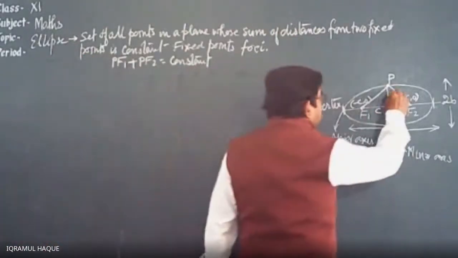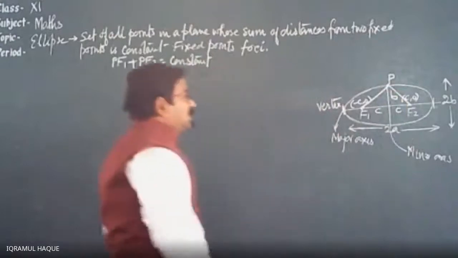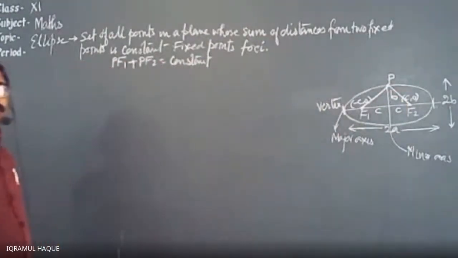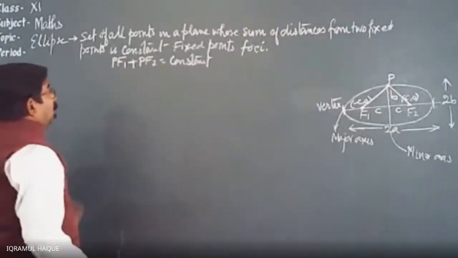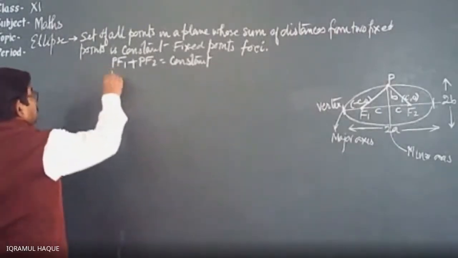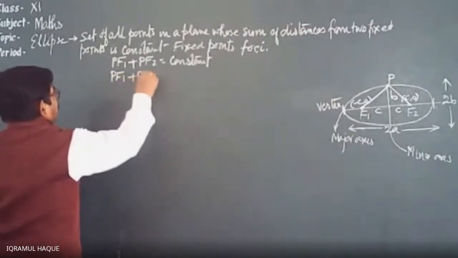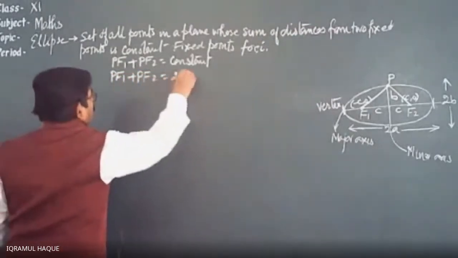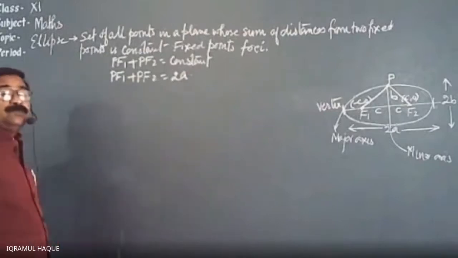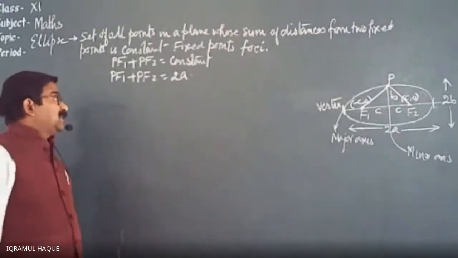And this distance is b. So from the figure, PF1 plus PF2 is equal to 2a. This is constant, which is equal to the major axis.